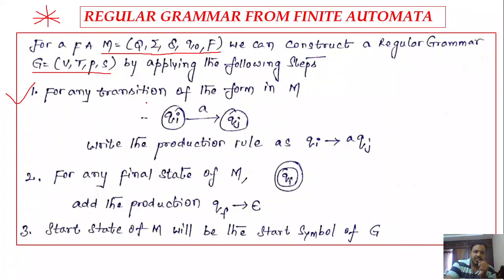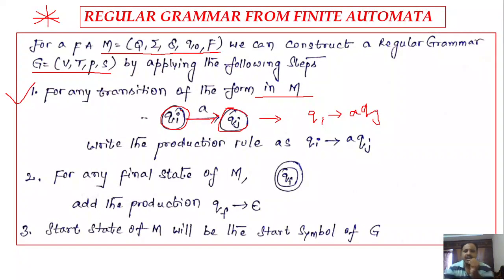For each transition in the finite automata, that means from state qi, if there is a transition on some terminal small a towards the state qj, then we write the production rule in the regular grammar as qi denotes a qj. I'm repeating once again.